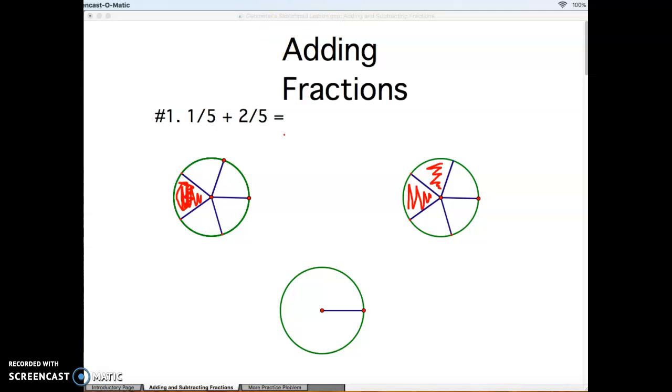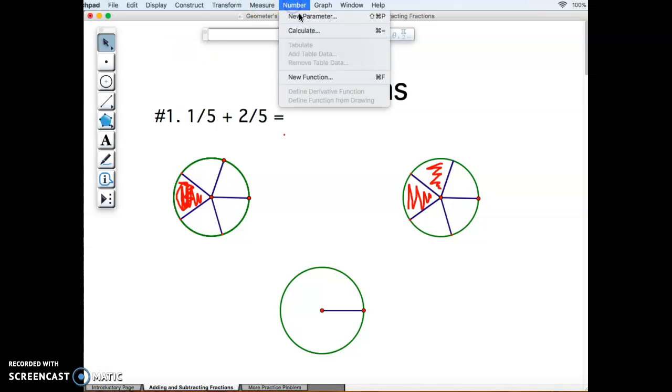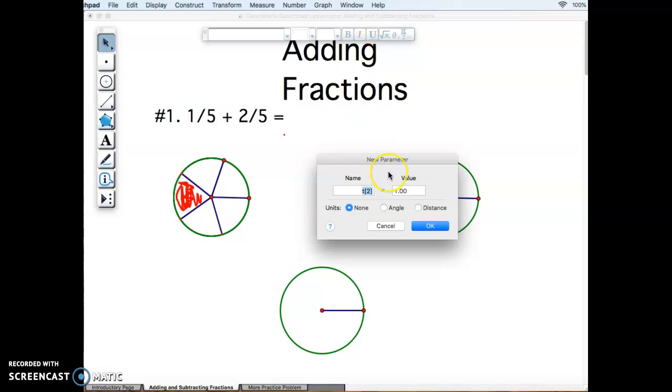Next, I'm going to go over to Number and New Parameter. And I'm going to use either one of the two fractions in order to make the equal parts. So I'm just going to use the first one.